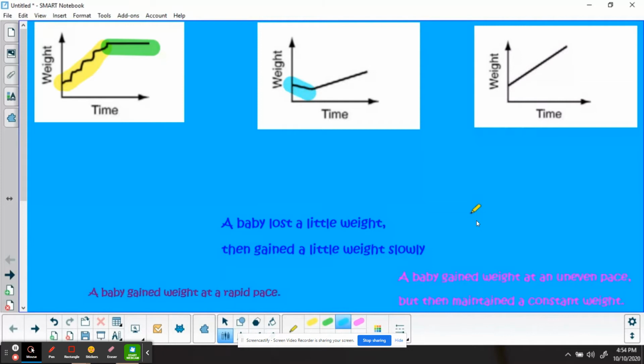Now think slight decrease, and it's in a straight line, so you know that it's a constant rate of change, so it's decreasing steadily. But because it's a very shallow decrease or shallow looking line, kind of like a wheelchair ramp, then you know that it's a very slight constant decrease.